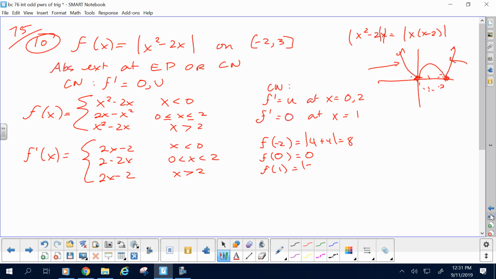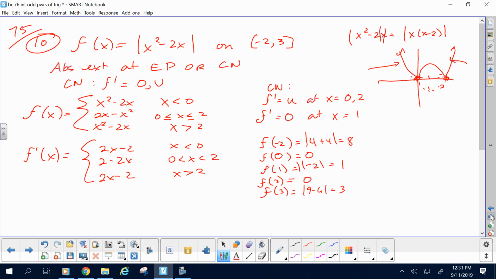Absolute value of 1 minus 2 is 1, yeah? Then f at 2, which is another 0. And then f at 3 is the absolute value of 9 minus 6, or 3. Do you agree with my candidate y values?